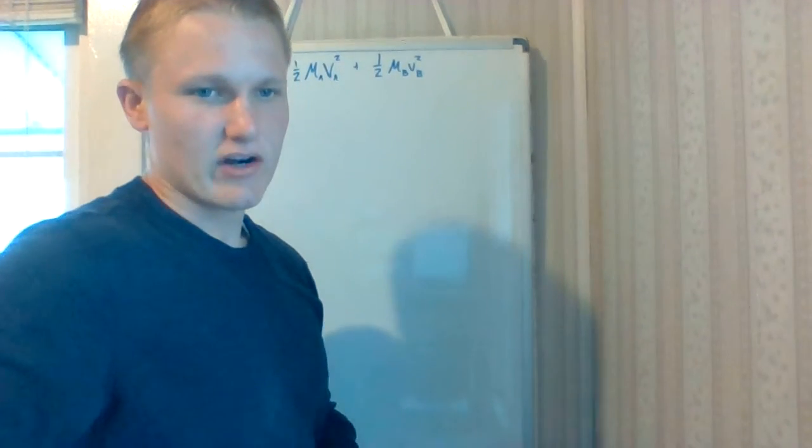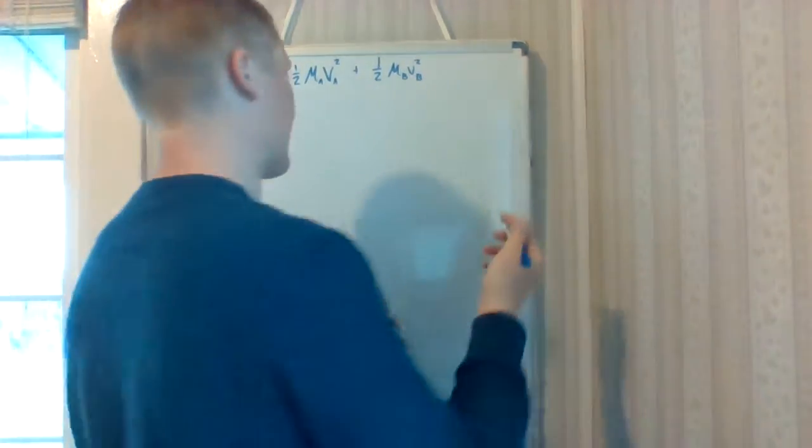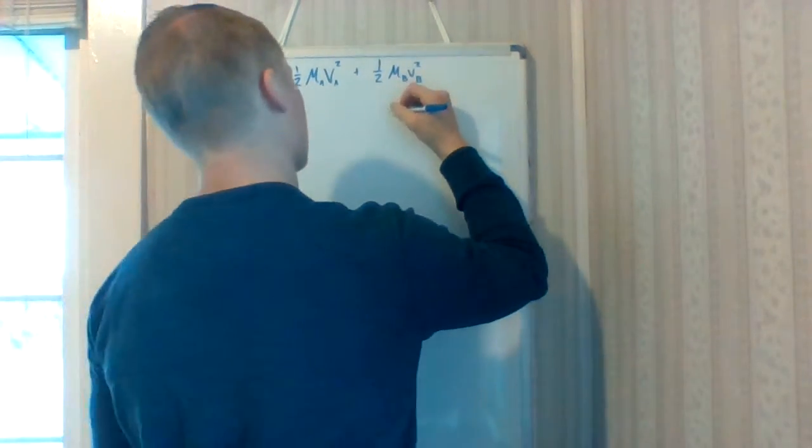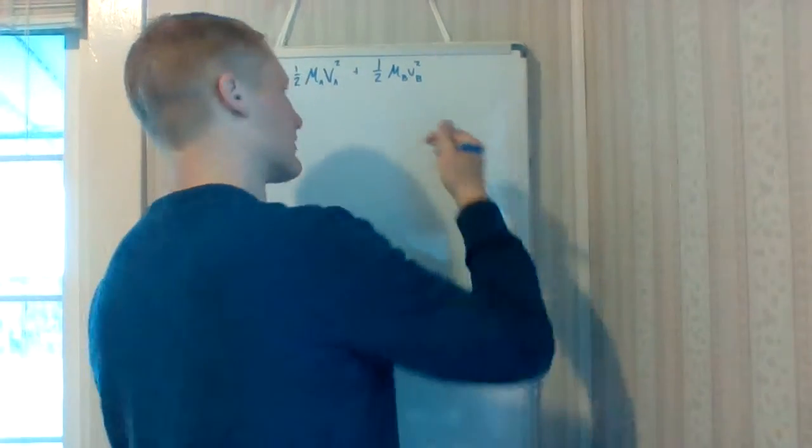Then we need to take our equation for the conservation of momentum. It's 0 equals MA VA plus MB VB.